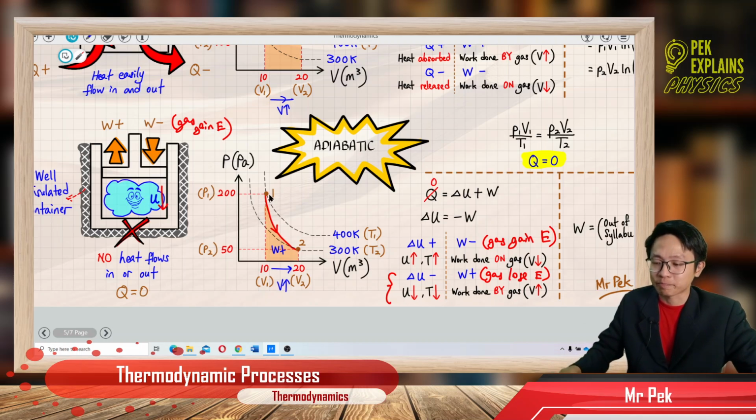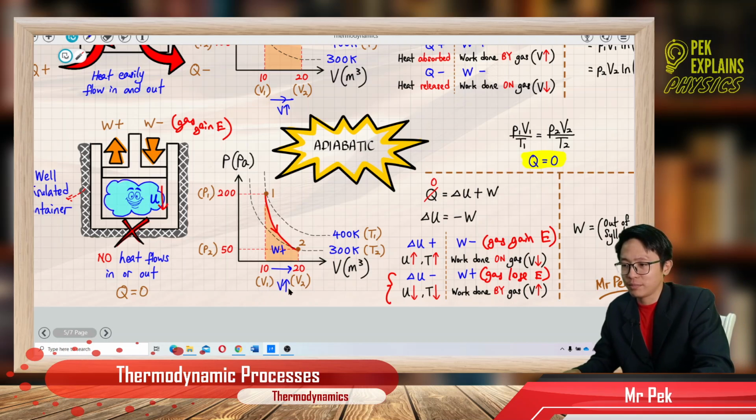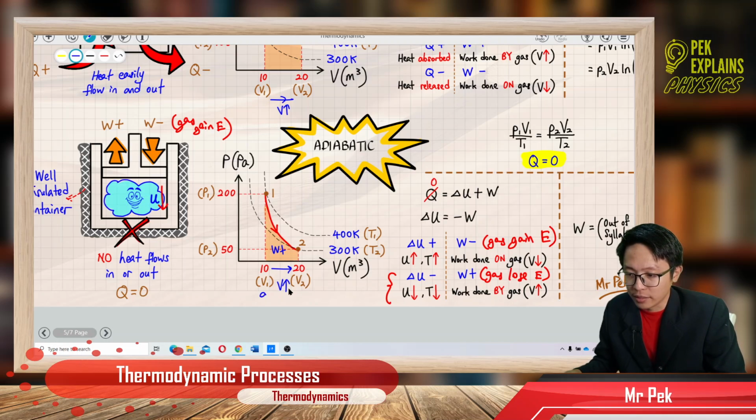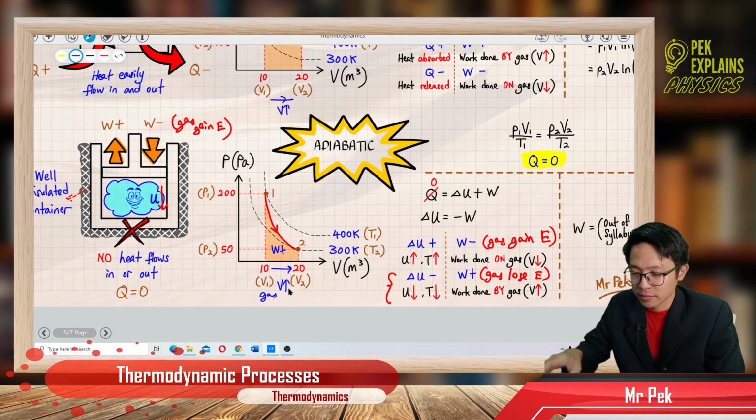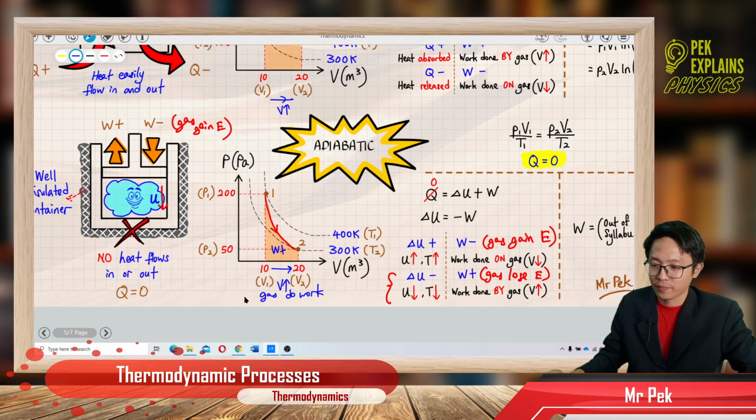So that's why when going to the right, when expansion, the volume increases, the gas does work. How does it do work? The gas does not receive energy from outside, no heat energy can enter.